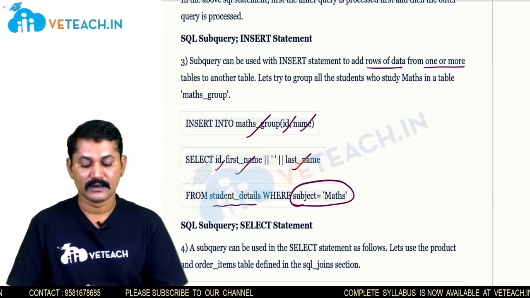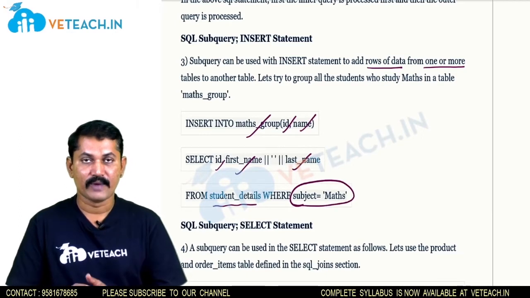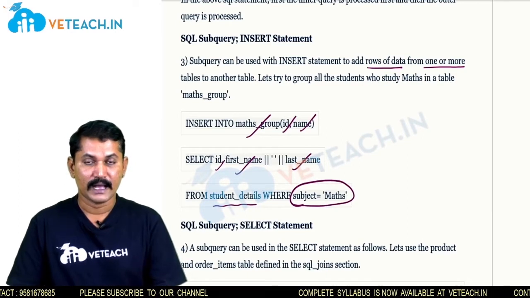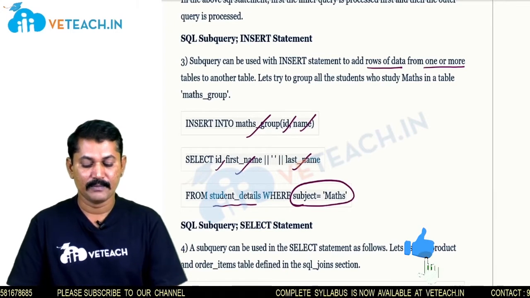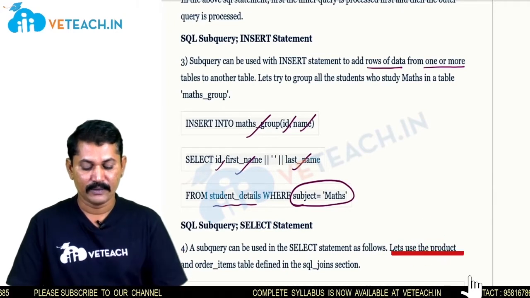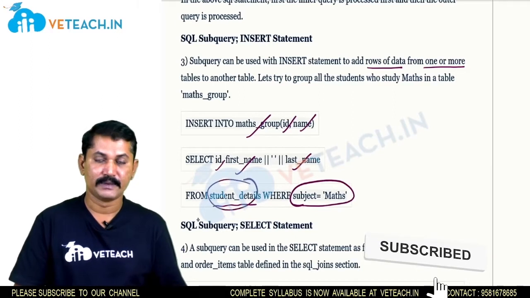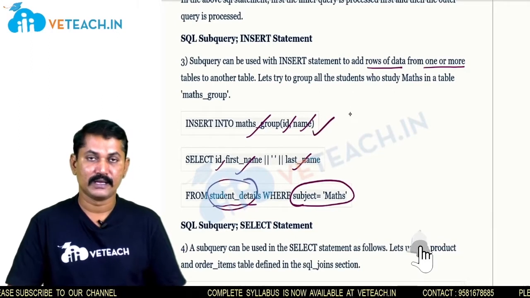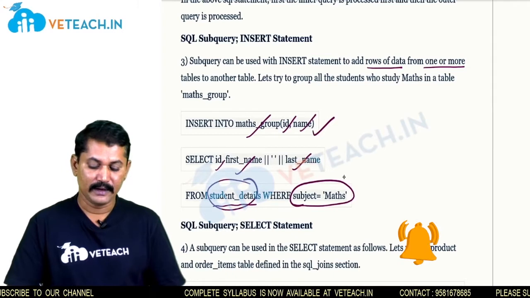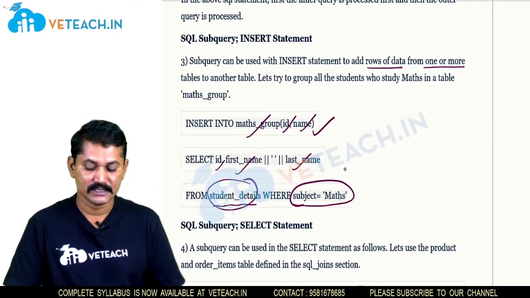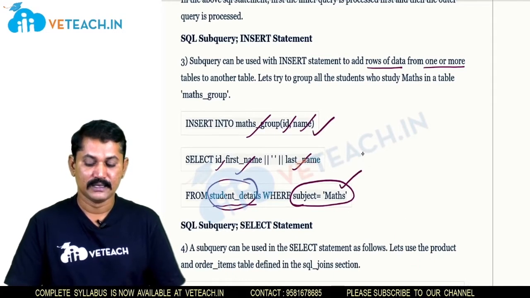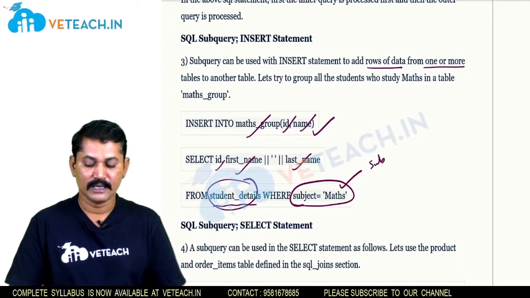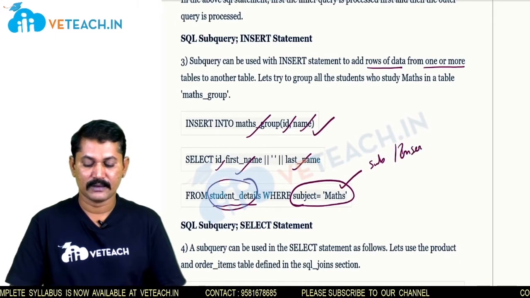What we have done here, we are inserting the values to the maths group, that means the ID and name, by extracting them from the student table. That means insert is the query, that is we are writing a query, and the insertion of values is done through another query. This is called the subquery in insert statement.